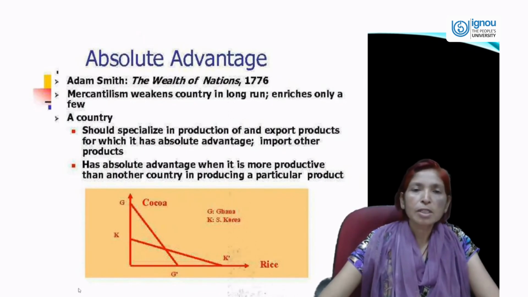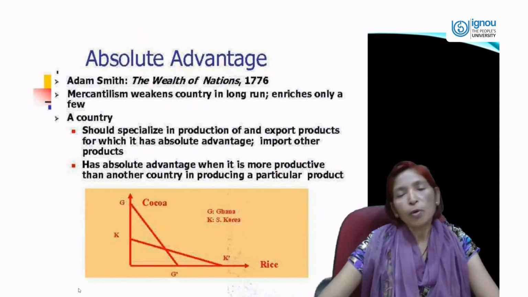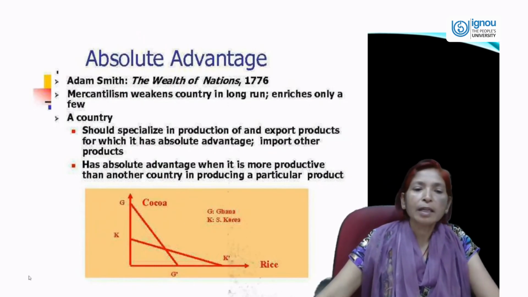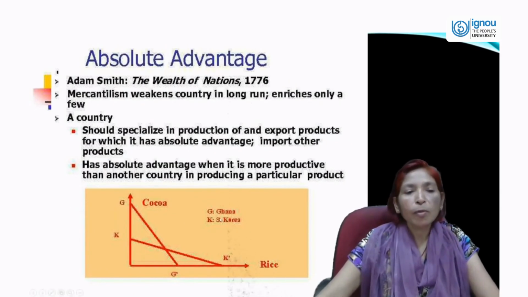A country should specialize in production and export those products for which it has an absolute advantage, and import other products. A country has an absolute advantage when it is more productive than another country in producing a particular product.